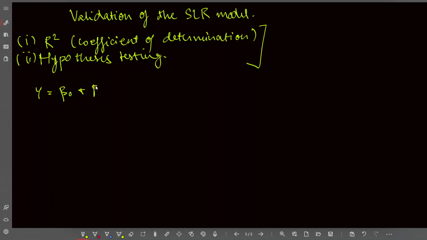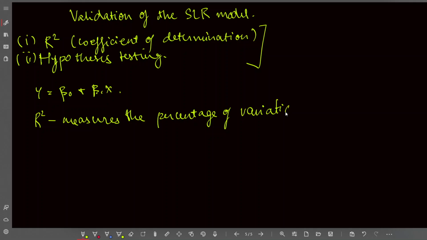Beta naught plus beta 1 X. The coefficient of determination measures the percentage of variation in y explained by the model beta naught plus beta 1 x. So R square measures the percentage of variation in y that is explained by the model.